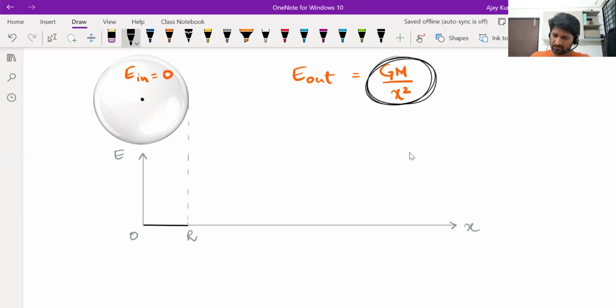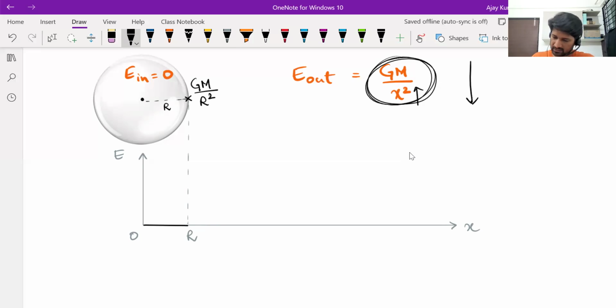Now, exactly on the surface, x is equal to R. So the field exactly on the surface will be GM by capital R square, because the distance to the surface is the radius. So in place of x, you will put R. Surface value will become GM by R square. Once you go outside that, x increases, field strength decreases.